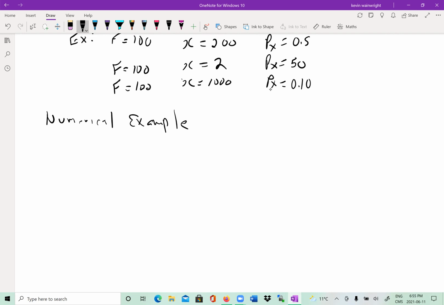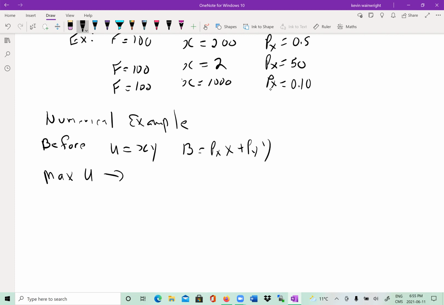So we said from before, U equals XY, and the budget was PX X plus PY Y. And when we maximize U, we got that X star was equal to B over 2PX.